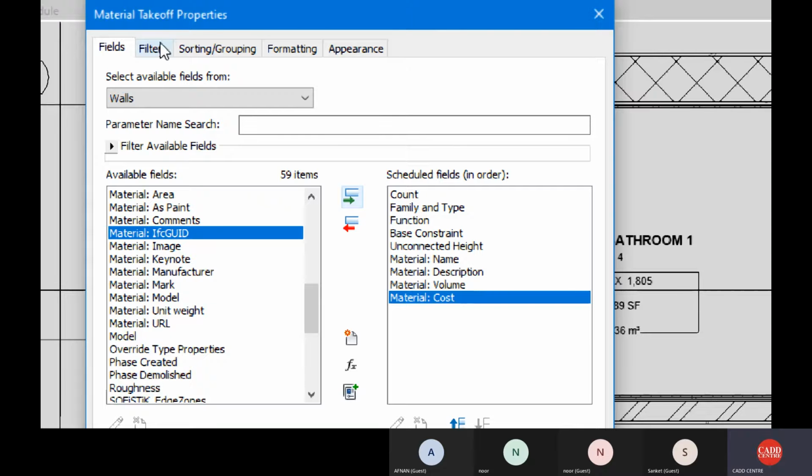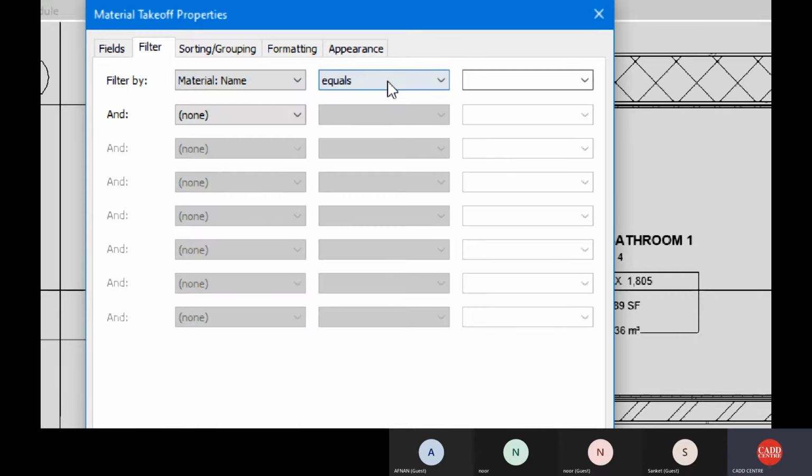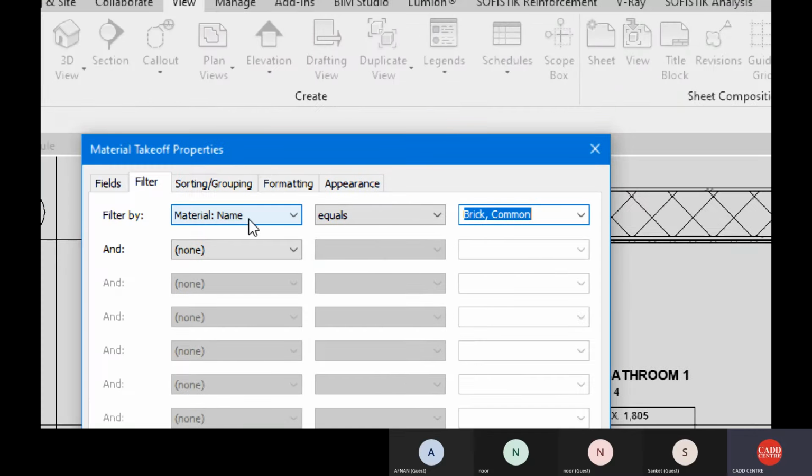Now I'll come to the Filter tab, and I'll say filter by the material name, which is equal to brick common, because I want only the material takeoff for brick wall only, or for the bricks material only, not for all of them. If I do not filter it, what will happen? It will take off the material for every part that is there in the wall, even for the paint, even for the plaster, even for the bricks.